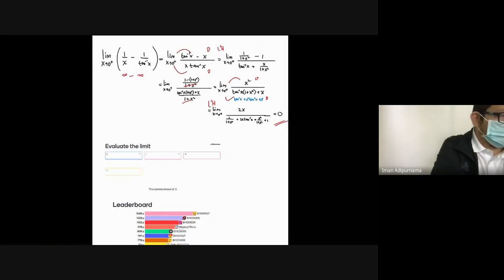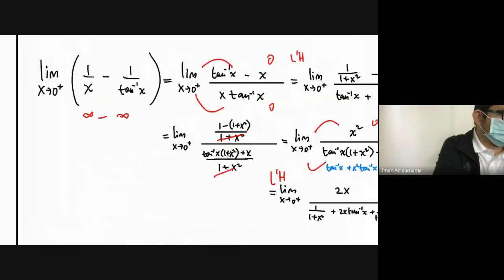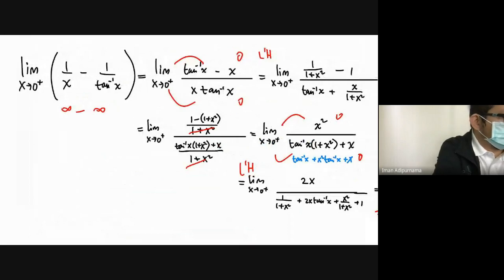The third one, if you see the form here, it's 1 over x minus 1 over tangent inverse x. So it will be infinite minus infinite, or this is indeterminate difference.